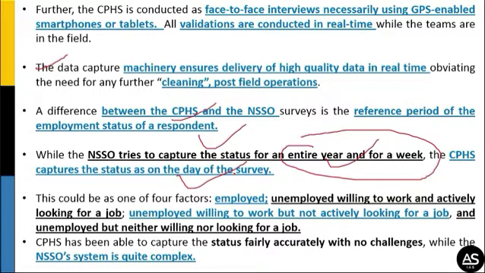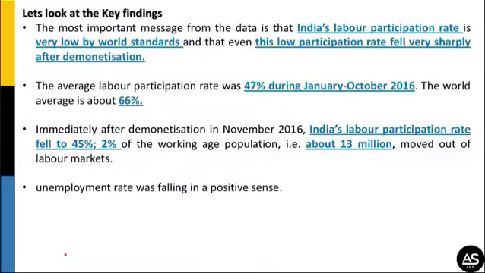So this is a factor which NSSO doesn't capture in a broader way: employed; unemployed, willing to work and actively looking for a job; unemployed, willing to work but not actively looking for a job; and unemployed but neither willing nor looking for a job. This data was not comprehensively captured by them. So actually CPHS has been able to capture this status fairly accurately with no challenges, while NSSO is quite a complex system.